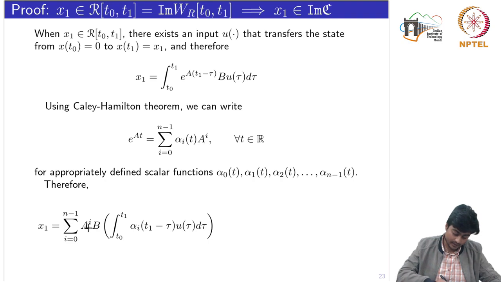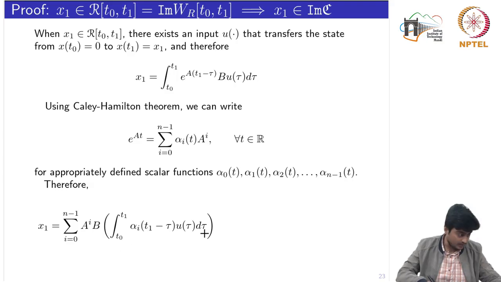So I bring A to the i to the front and then the B matrix coming from here, and this whole part includes u and these alpha i's. So I directly replace this exponential term by this term while introducing some scalar functions from alpha naught to alpha n minus 1.